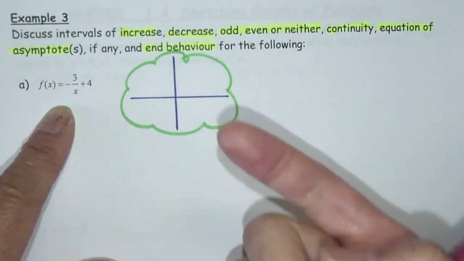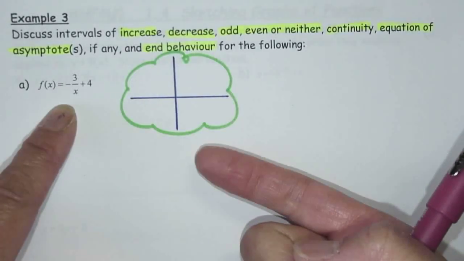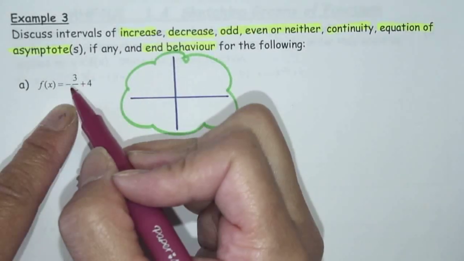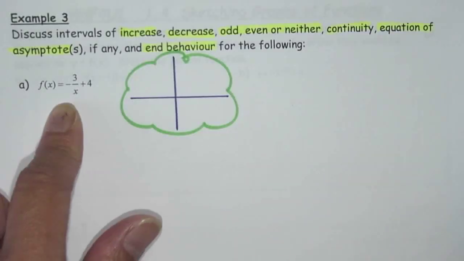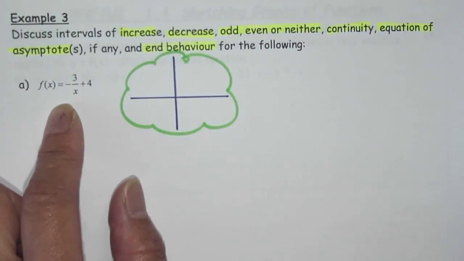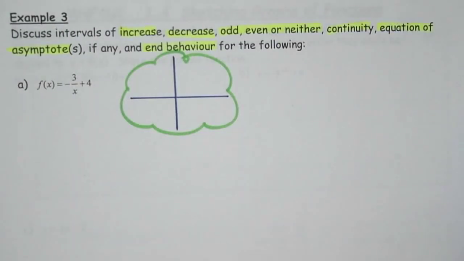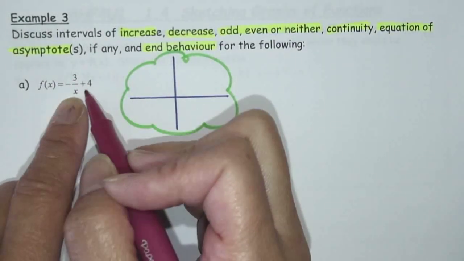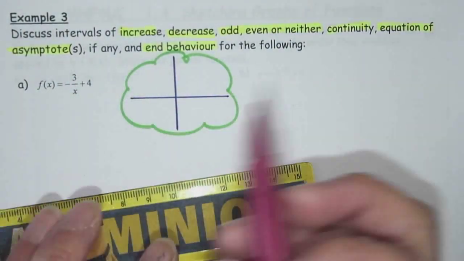It's in the middle. It can be horizontal or vertical, so it doesn't matter which way. The 3 is a stretch. The stretch is not going to affect the increase, decrease, or continuity, so I don't care about that. It doesn't have to be a perfect graph with points and everything, mostly just the shape. So I'm not going to do the 3. But the 4 is going to affect stuff, so I'm going to do 4.